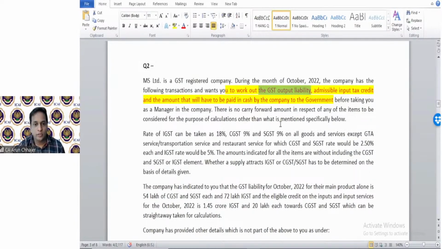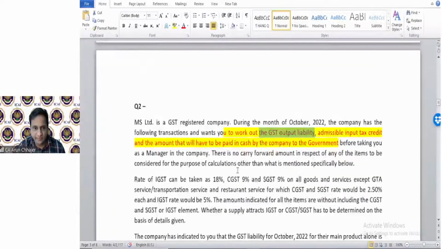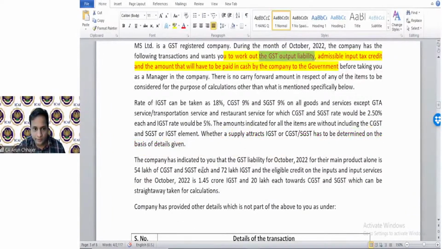Okay. So now the GST liability. In this case, they have given some amount.